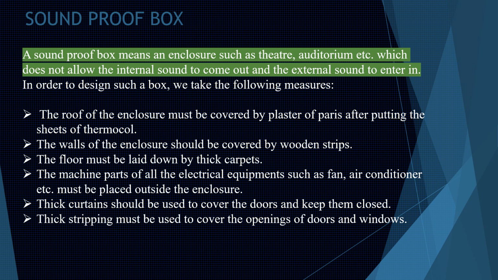The floor must be laid down with thick carpets. The machine parts of all the electrical equipment such as fans, air conditioners, etc. must be placed outside the enclosure. Thick curtains should be used to cover the doors and keep them closed. And thick stripping must be used to cover the openings of doors and windows.